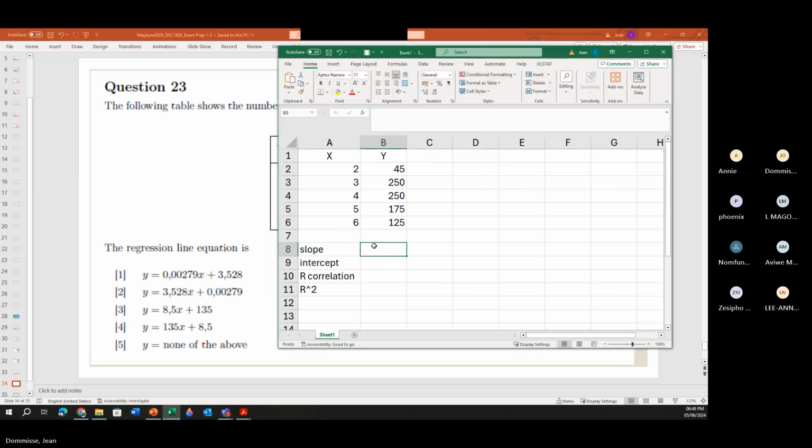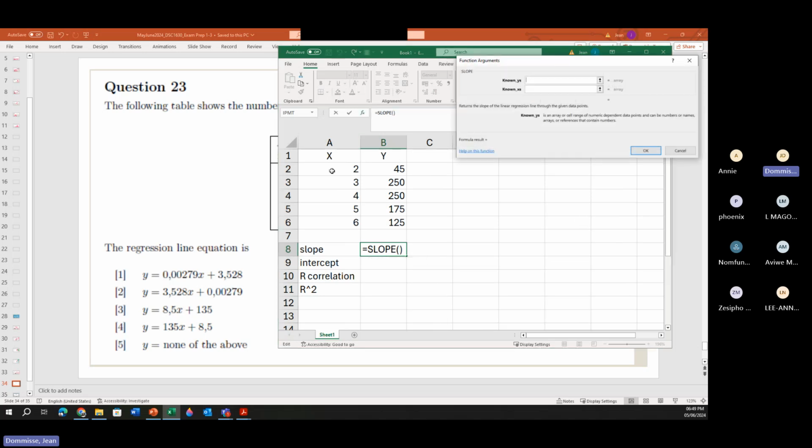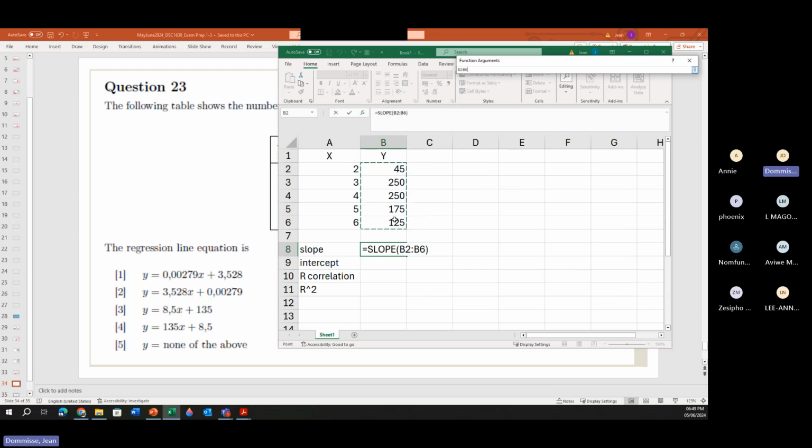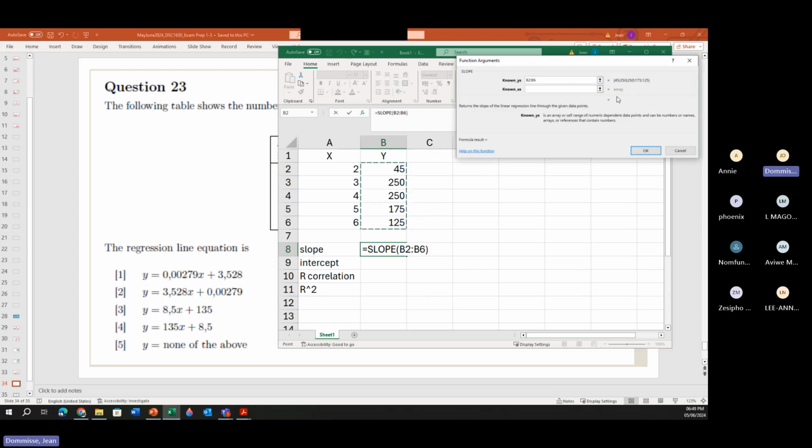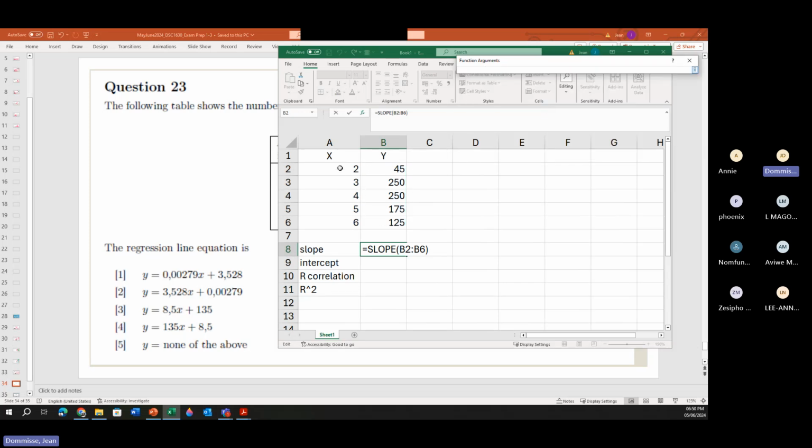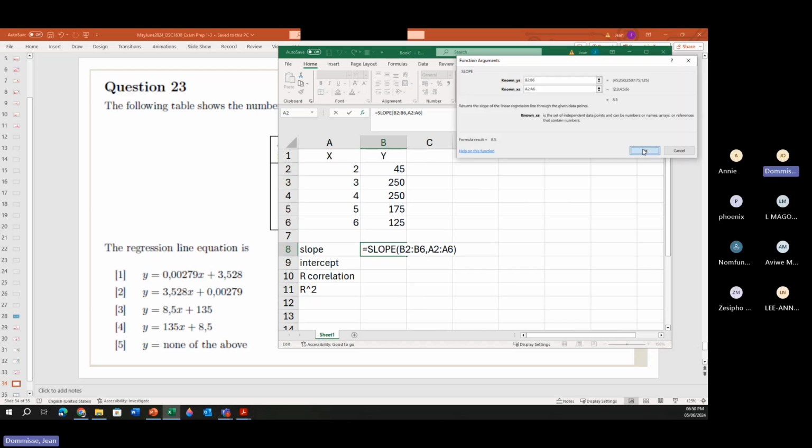The important thing with Excel, when you might be using the formulas, is that Excel wants you to put in the Y values first, which is different from your financial calculator, because the financial calculator is always X, Y, where you put in the X's first and then the Y. But Excel wants you to first put the Y values and then the X values.